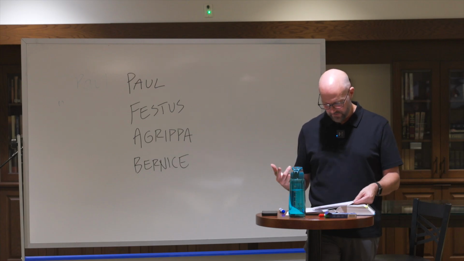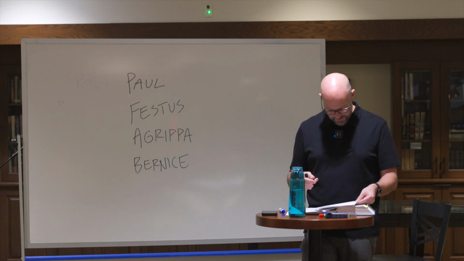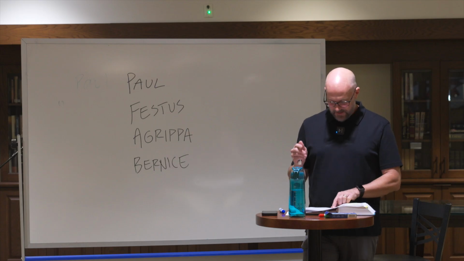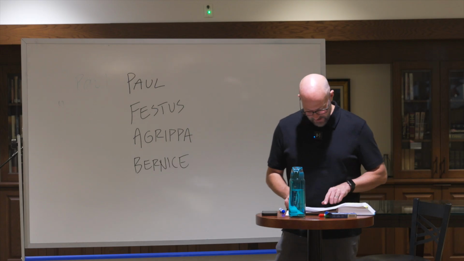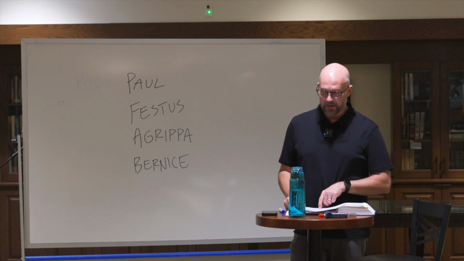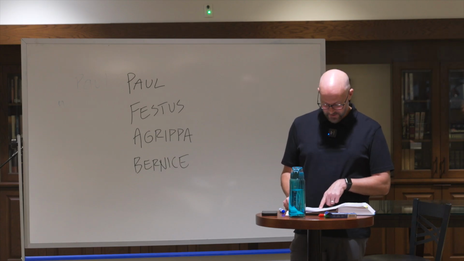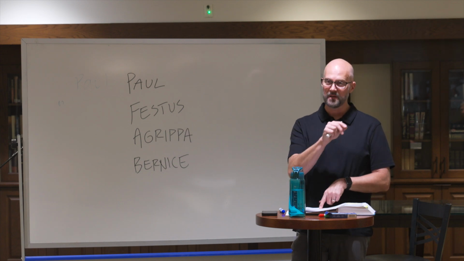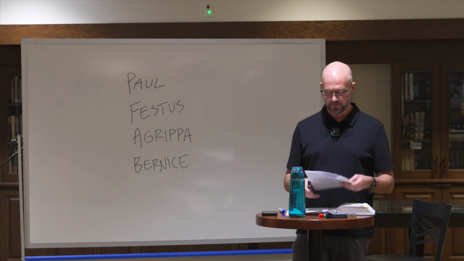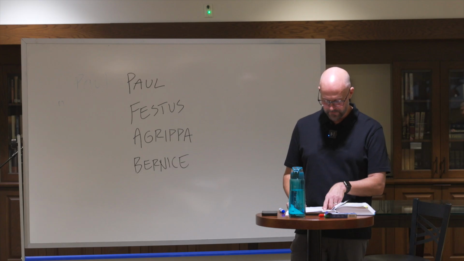That's his great-grandfather. His great-uncle was Herod Archelaus. Herod Archelaus is talked about in Matthew 2. Joseph was afraid to stay in Judea because of the reign of Herod Archelaus, so not a great record for him.